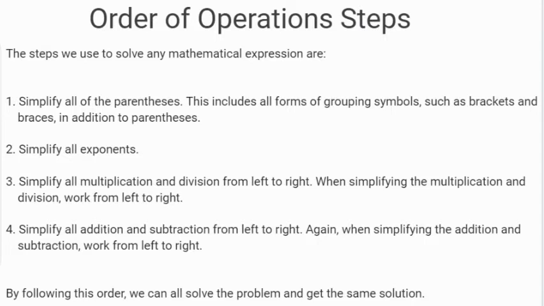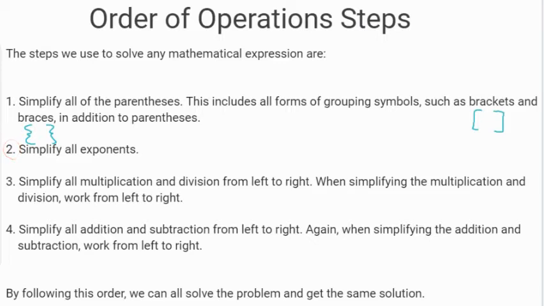So we use things like brackets, which I sometimes call square brackets because of the square corners. And braces, which are a little curly, a little harder to draw. I sometimes call them curly brackets, but we use those in addition to parentheses.